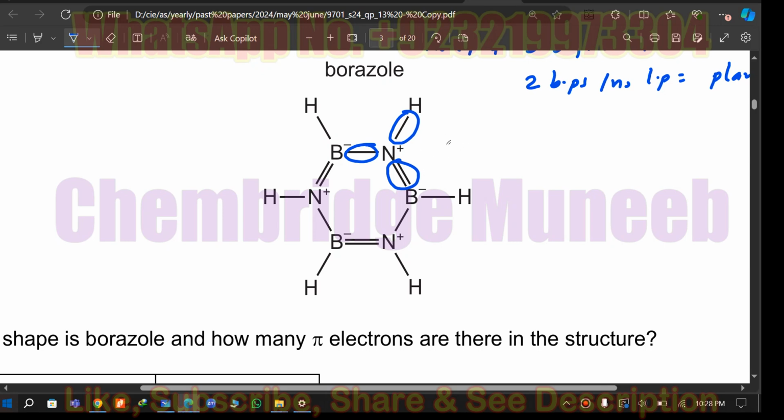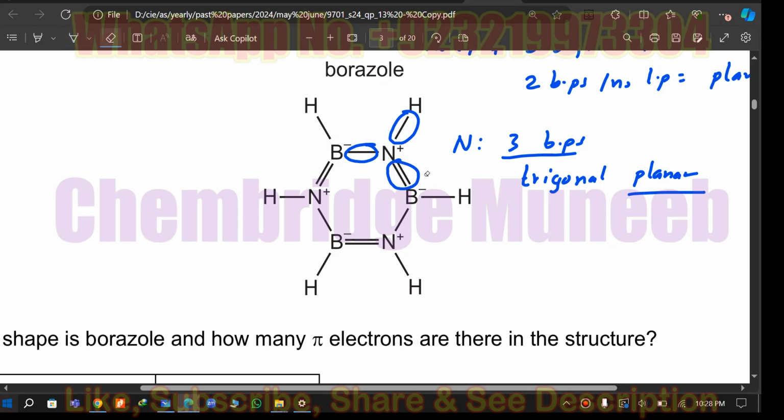So we can say that nitrogen has 3 bonding pairs. So 3 bonding pairs for nitrogen will give a trigonal planar structure, which means it is a planar molecule. It is a planar structure with respect to the nitrogen atom.